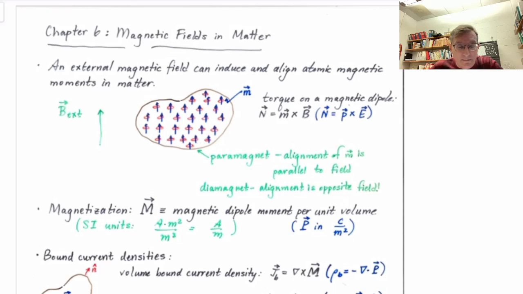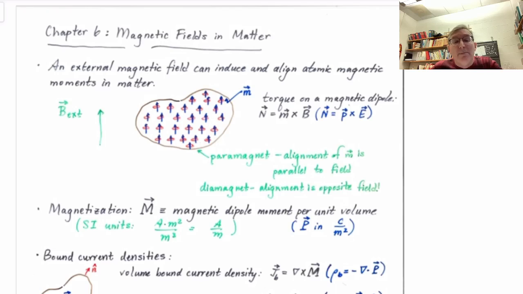You can also have diamagnetic behavior, and then the alignment of the little magnetic dipole moments is opposite to the external field. But my picture is drawn for paramagnets, and paramagnets are a bit more common than diamagnets.